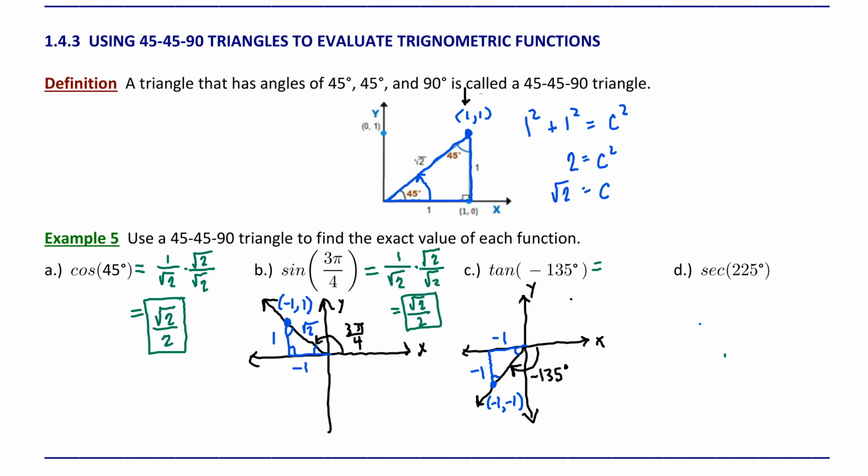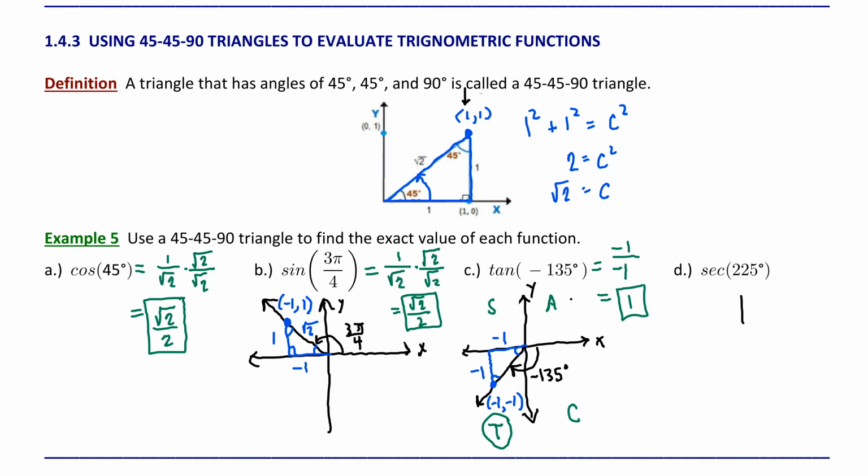Tangent is calculated as y divided by x. -1 divided by -1 is +1. Remember, all students take calculus. The sign of tangent in quadrant 3 is positive, and that's what we came up with in our calculations. Let's try one more example.